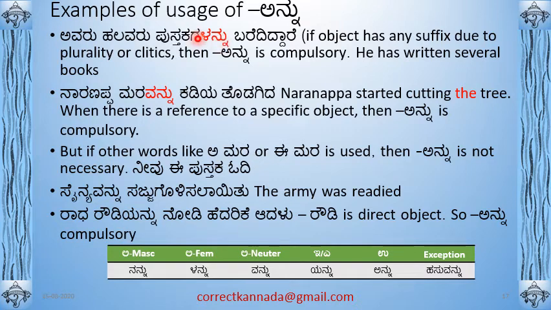The annu is used. Halavaru means many or several. Avaru, he has written. Barediddare, bare is to write. So he has written several books. So here what we are trying to say is, because you are using plural for your object, which is your pustaka, you are forced to use annu. Avaru halavaru pustakagalannu barediddare. Okay, that's an example.